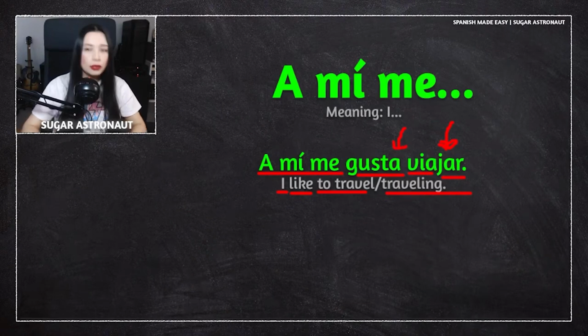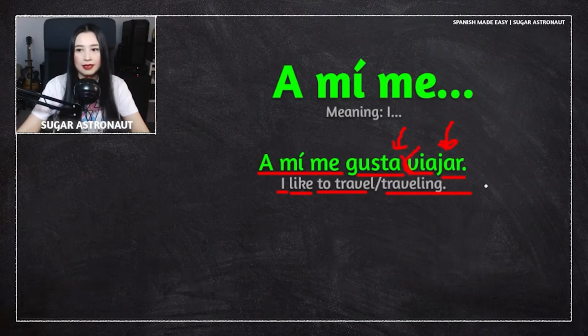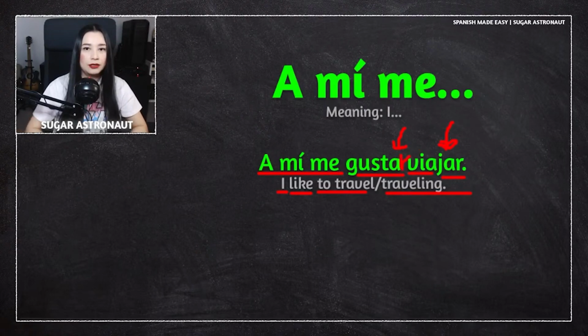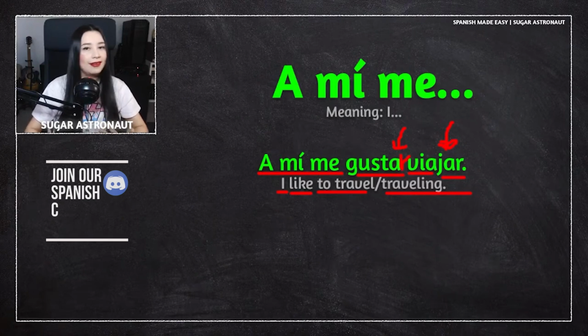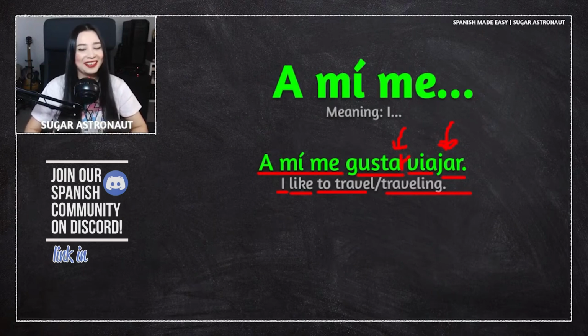A mí me gusta. So essentially you just remove the R from the verb, okay? So gustar means to like. If you want to use gustar with a mí me, then remove the letter R, and then you have a conjugation there. And you're saying, a mí me gusta.